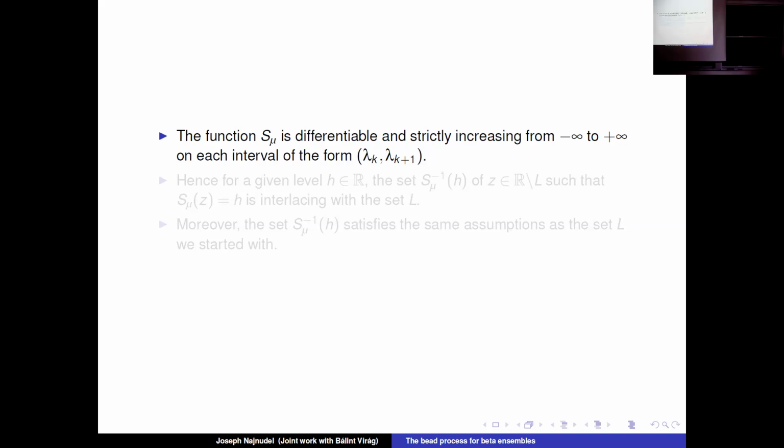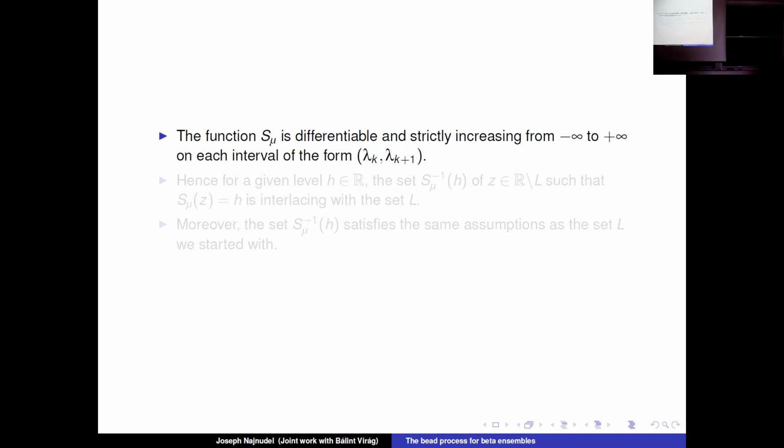And on the real line, it's differentiable, strictly increasing on each interval of the form lambda k, lambda k plus 1. So if I have the points here, the Stieltjes transform does something like that. Okay, so it's elementary to check that.